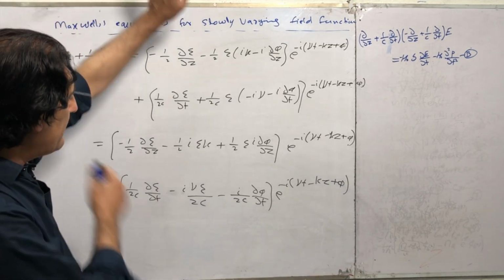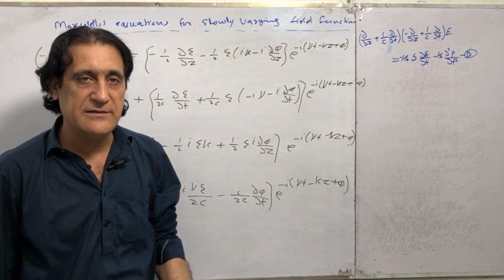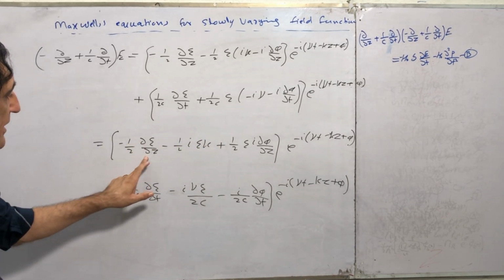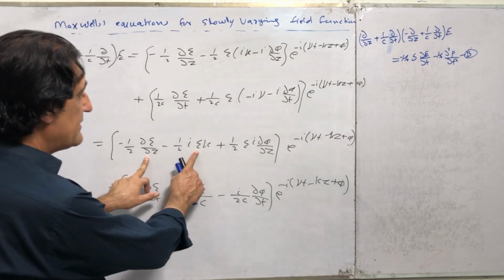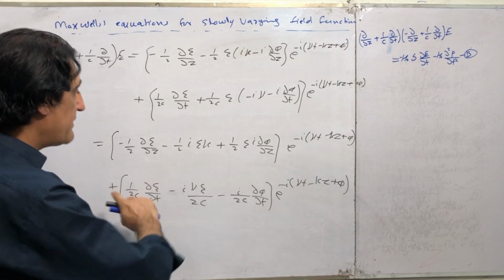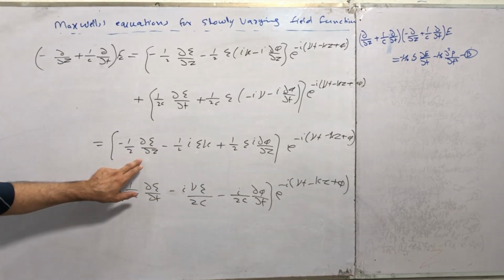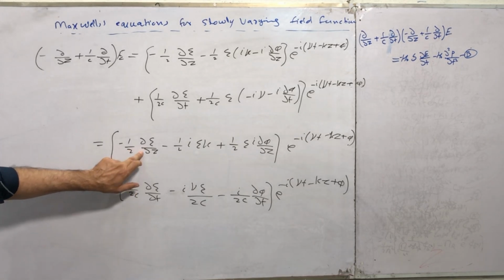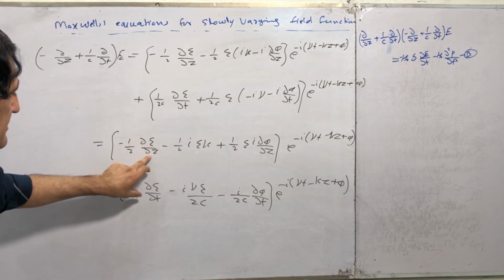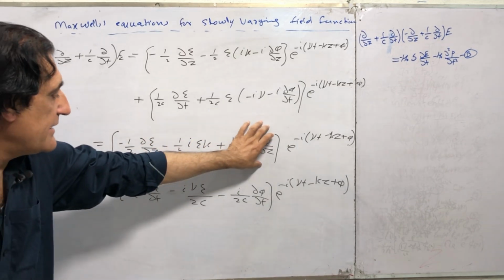Now let's use the slowly varying amplitude approximation that we have mentioned already at the start of this lecture. Partial e divided by partial z is very much less than epsilon k, and partial phi divided by partial z is also very much less than epsilon. So it means that we can neglect this term and this term, because partial e divided by partial z is very much less than e, so we can neglect this term and this term as well.